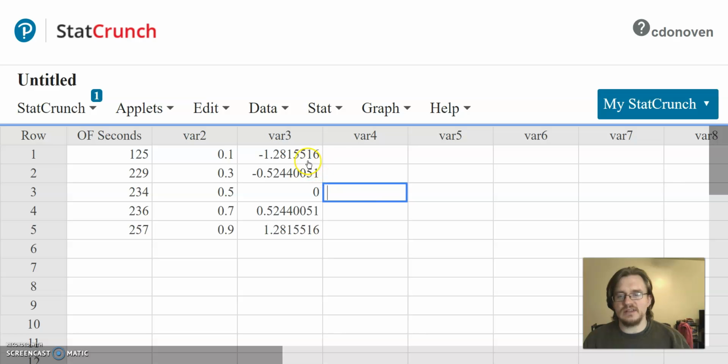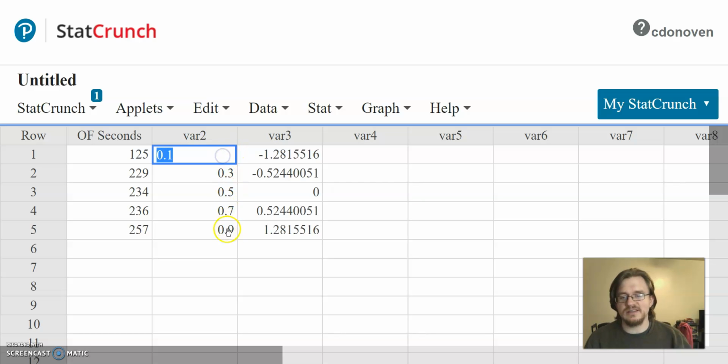One thing that you'll notice is that this top value and the bottom value are exactly the same, but negatives of one another. Again, this is because the normal distribution is exactly symmetric. If the area to the left is equal to 0.1, down here, when the area to the left is 0.9, if you flip it over, the area to the right is 0.1.